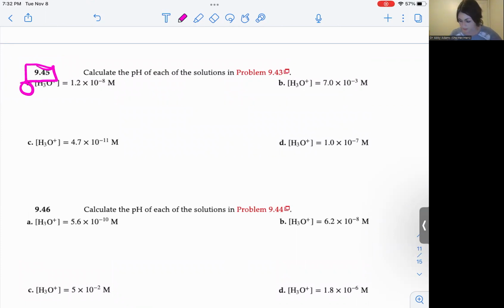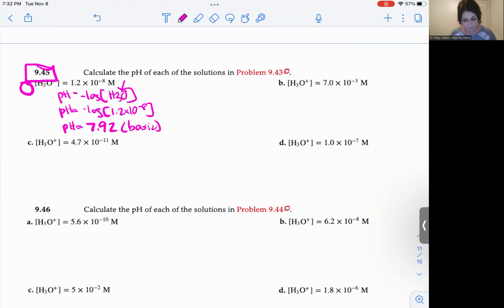So pH is equal to the negative log of 1.2 times 10 to the -8. You're going to type that in your calculator, and the pH that you're going to get, because we're not using a pH scale here, this is what we're given, your pH is 7.92, and that is basic.